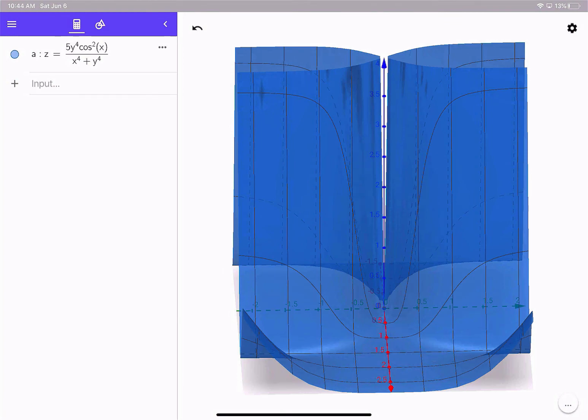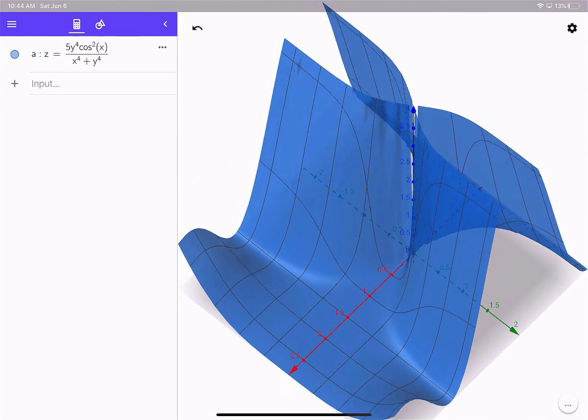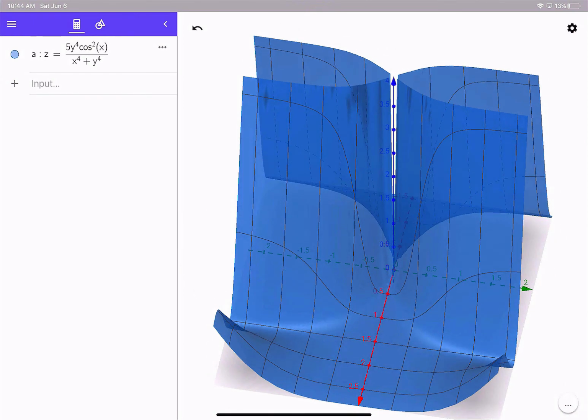And if I rotate the image a bit, then you can see that if we approach along various paths, we're going to land at different places before that gap. Therefore, the limit values along various paths won't match. And so this is a picture of an example where the limit does not exist.